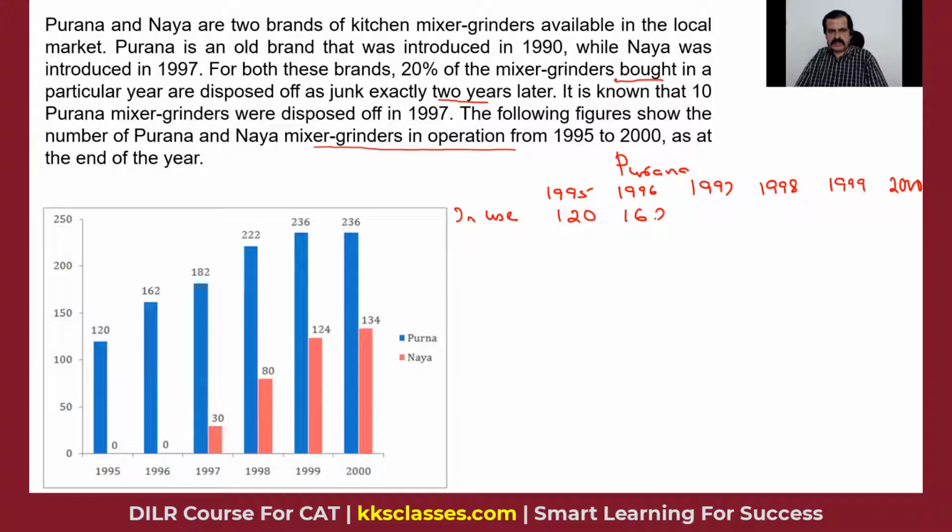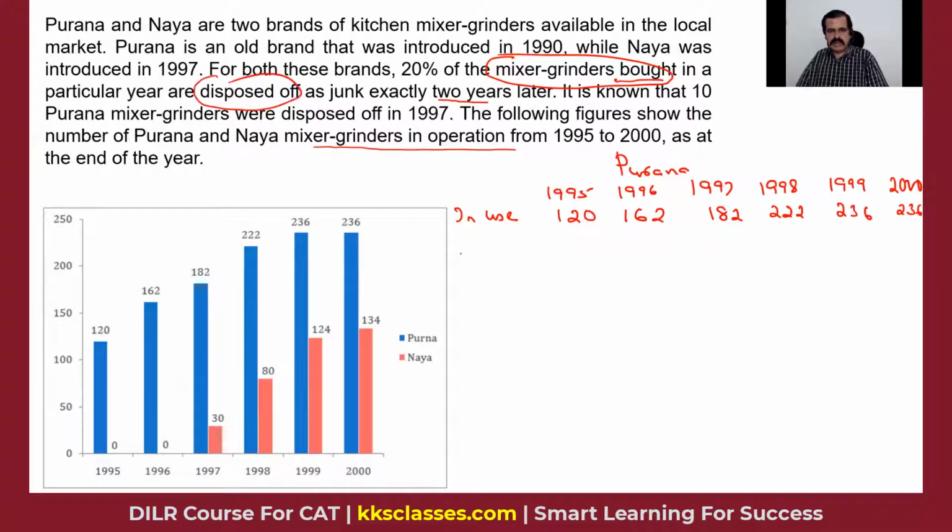21, 222, 236, and 236. Now, the question says that 20% of the mixer grinders which have been bought in a particular year are disposed of.